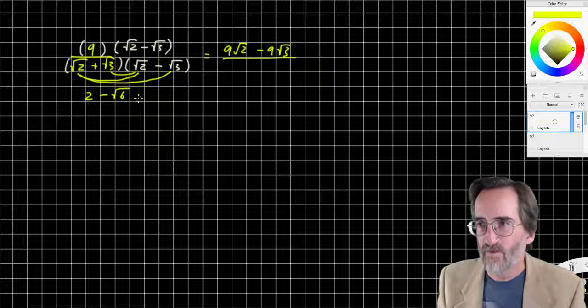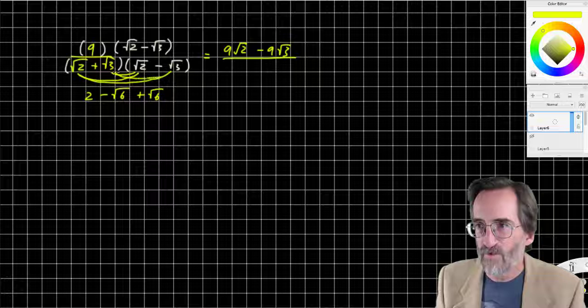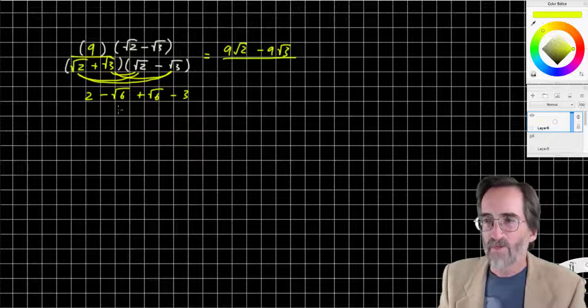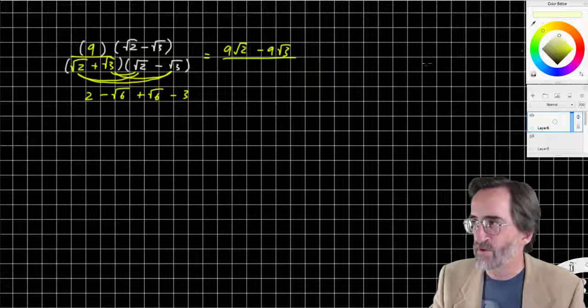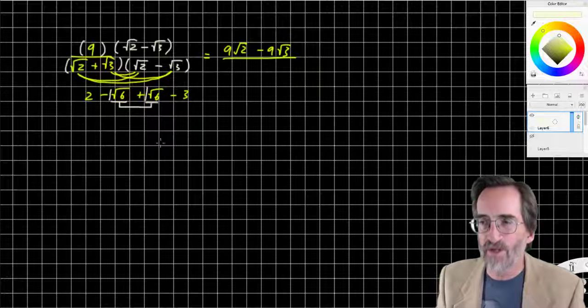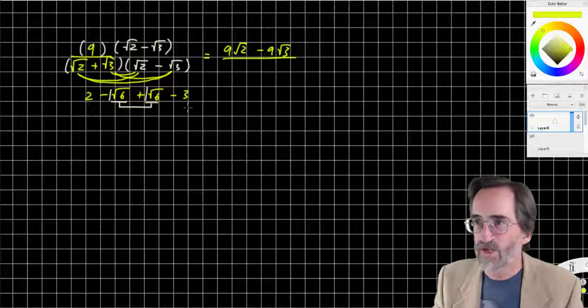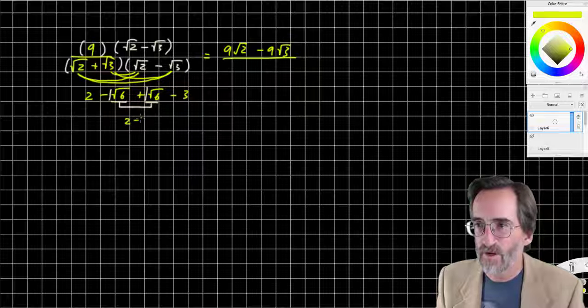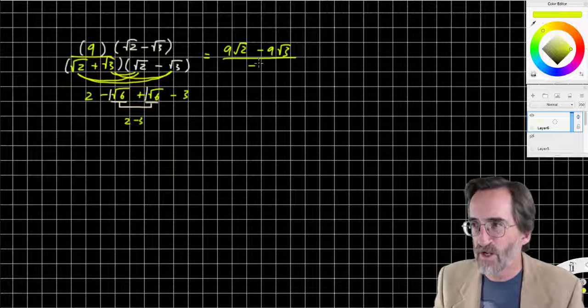Inside, root 3 times root 2 is root 6. Root 3 times root 3 is 3. Okay, notice what happens to the middle terms. We have negative 1 root 6 plus 1 root 6. Negative 1 plus 1 is 0, and we end up with 2 minus 3. 2 minus 3 is negative 1.